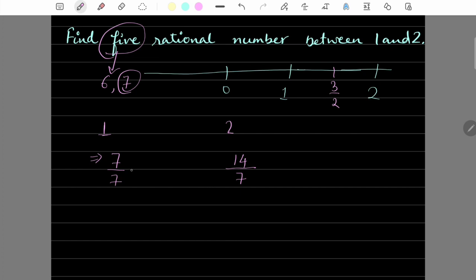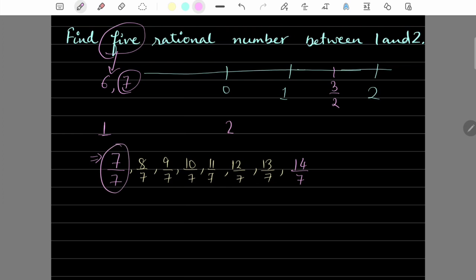Now we have so many numbers in between. Let's write the numbers: 8 over 7, 9 over 7, 10 over 7, 11 over 7, 12 over 7, 13 over 7, and at the end I have 14 over 7.